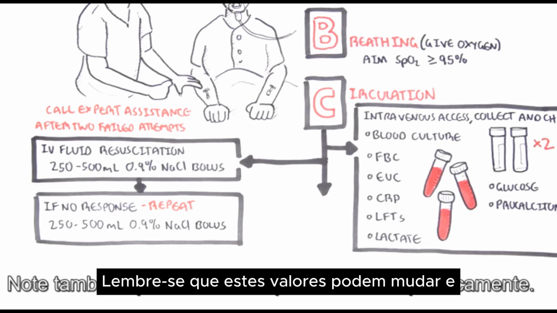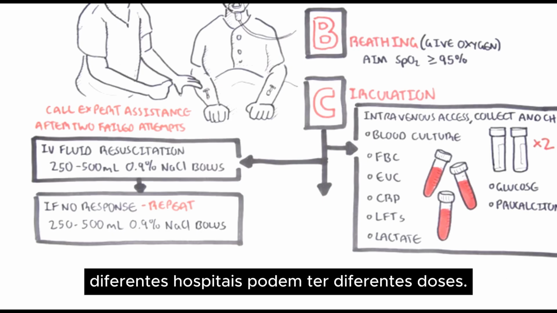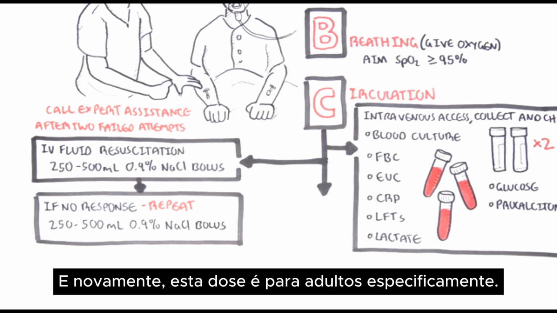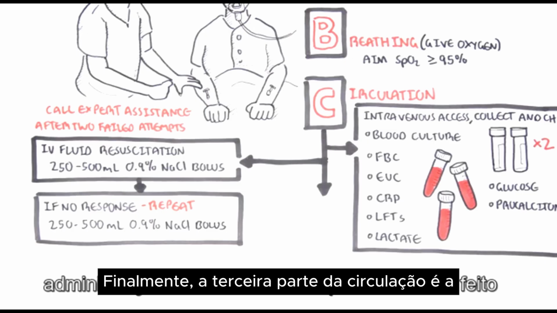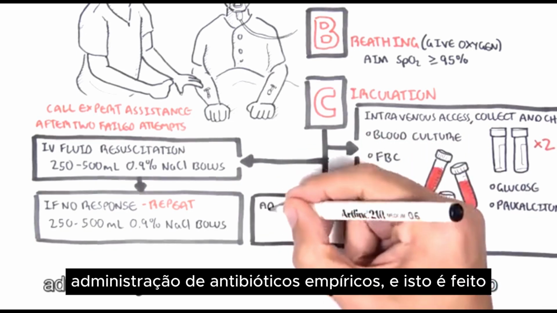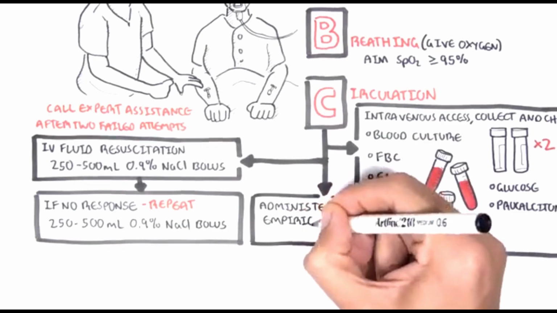Keep note that these values may change and that different hospitals may have different dosages. And again, this dose is for adults specifically. Finally, the third part of circulation is the administration of empirical antibiotics, and this is done intravenously.